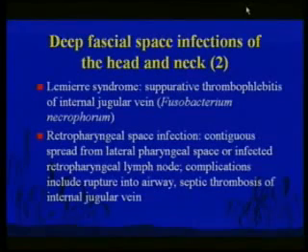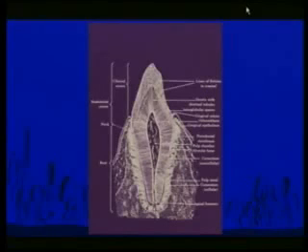You can get infection from contiguous infection of the lateral pharyngeal space, or if the back of your throat was perforated by a fish bone or a chicken bone, bacteria could get in there. And because of the association of the retropharyngeal space with the lateral pharyngeal space and the contents of the carotid sheath, you can get into big trouble.